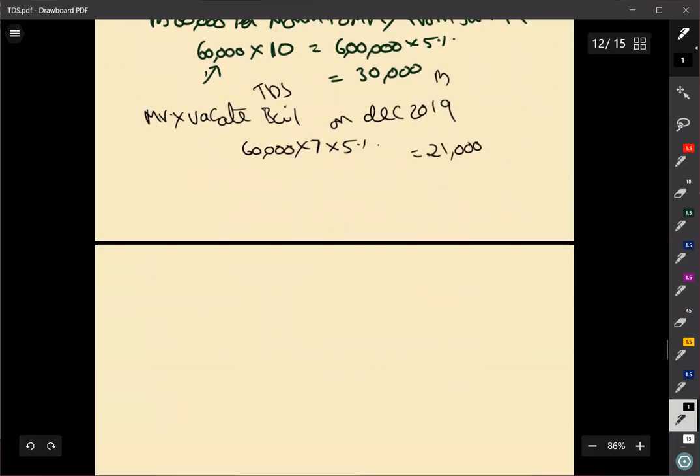So now let us see 194J. Section 194J. What is section 194J? Professional charges, professional fees. Fees for professional or technical service.